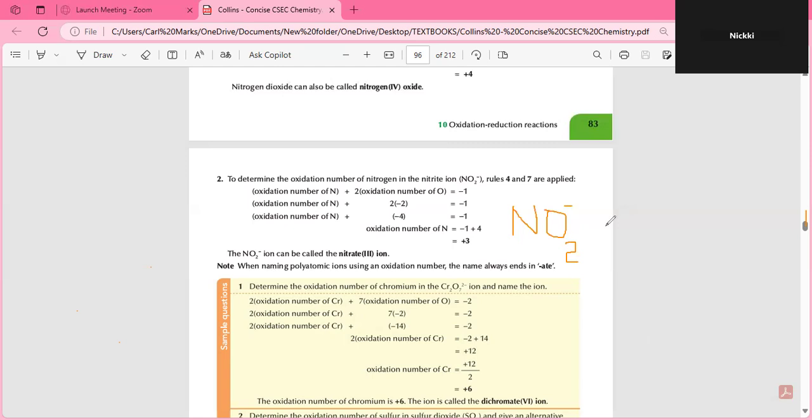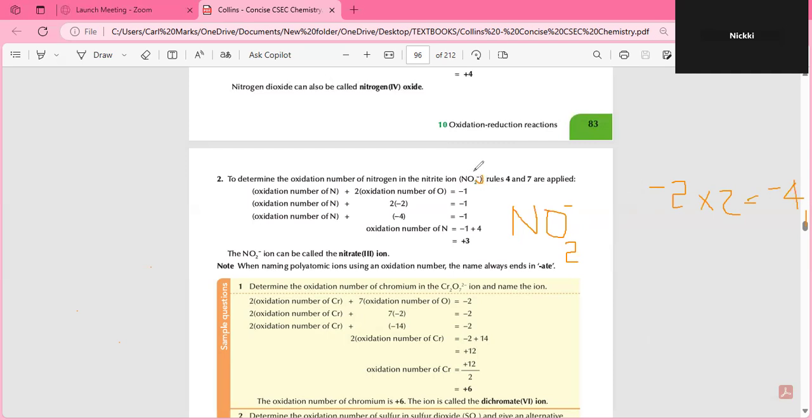So right away we know that we have -2 times 2, to give us how many? -4, right? But notice there's an extra negative here.